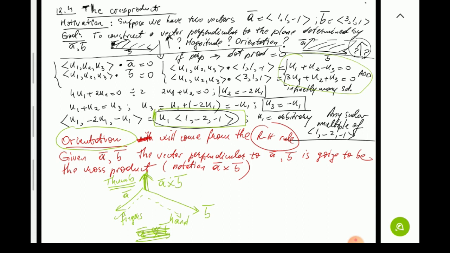Before I move on with the second page, once again notice, you should realize already, that the cross product is not going to be commutative.